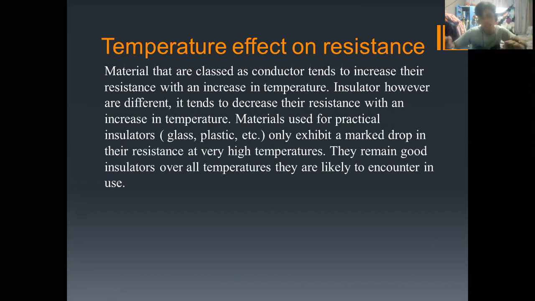They tend to decrease their resistance with an increase in temperature. Materials used for practical insulators such as glass, plastic, etc. only exhibit a marked drop in their resistance at very high temperatures. They remain good insulators over all temperatures they are likely to encounter in use.